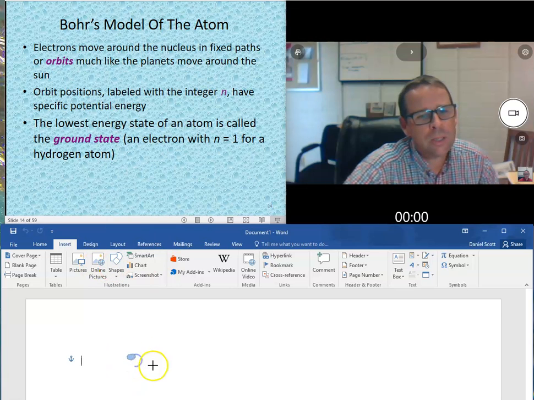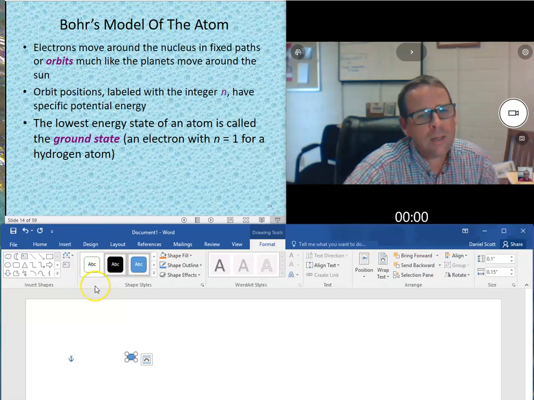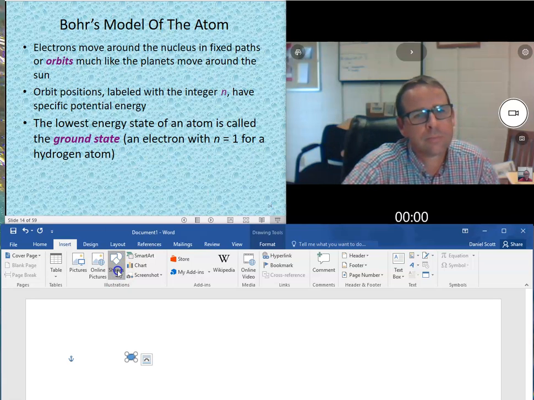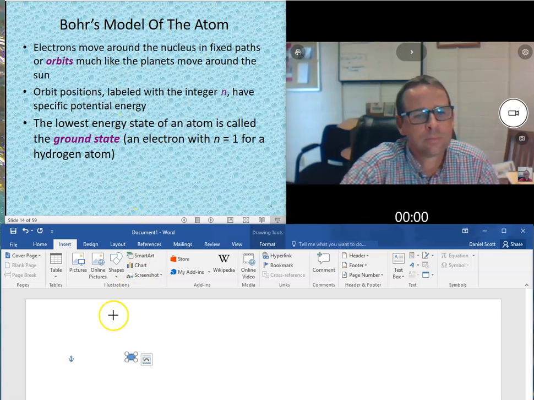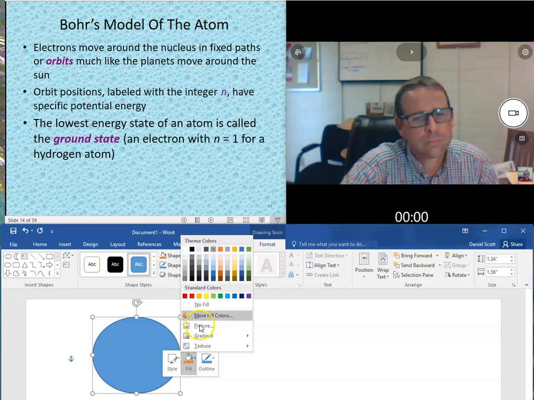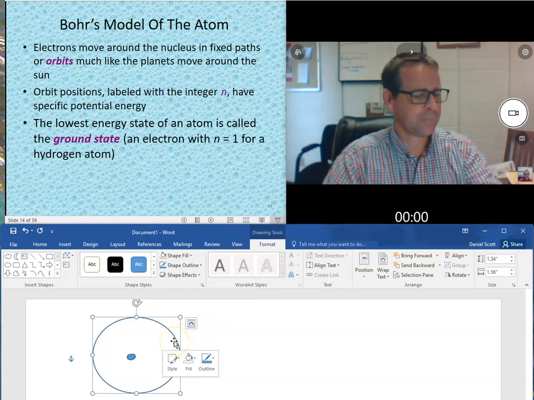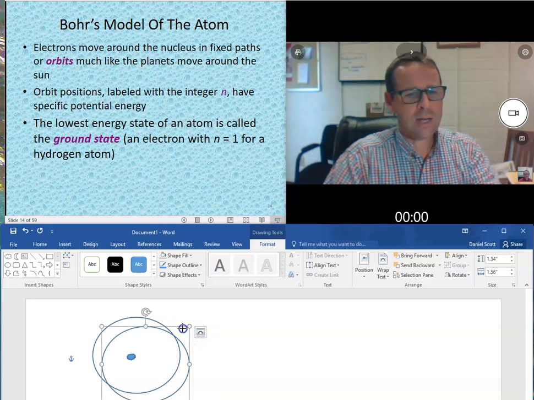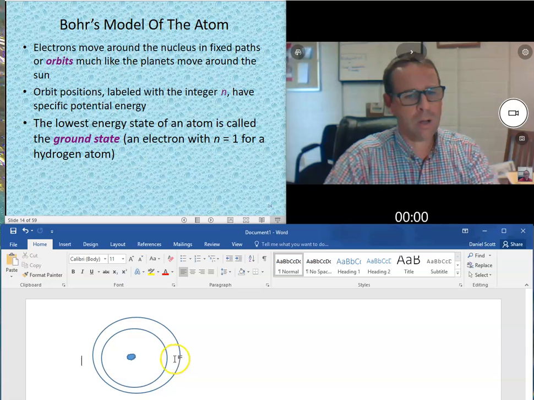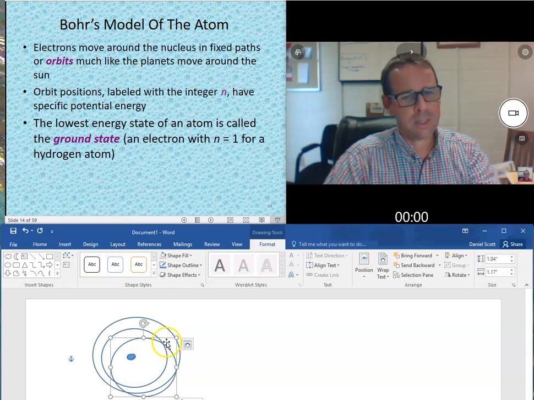If I draw a little nucleus here, and then I try to draw orbitals around it, this is why our initial model, the model that we were always using, is drawn this way, because there really are fixed distances in which the electron can reside around the nucleus.